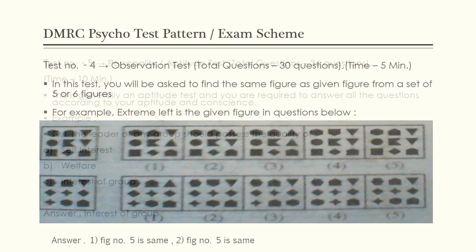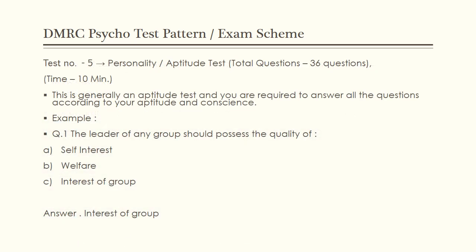Test number 5 is the personality or aptitude test. In this test there will be 36 questions, and they give you 10 minutes. This is generally an aptitude test, and you are required to answer all the questions according to your aptitude and conscience.